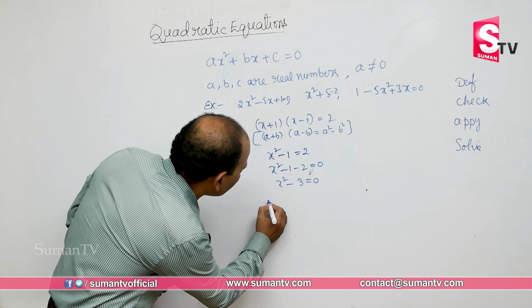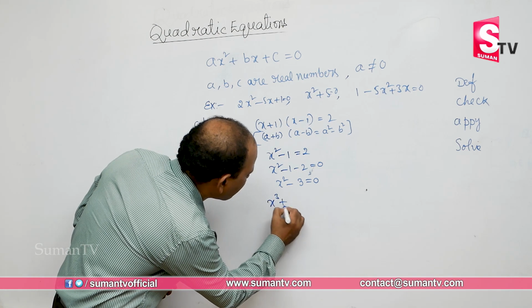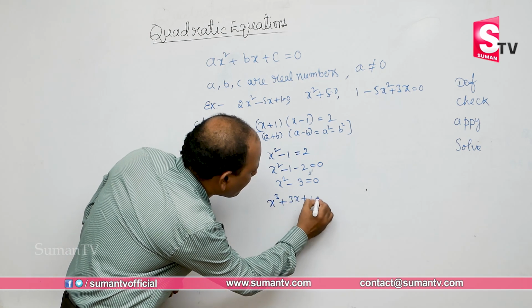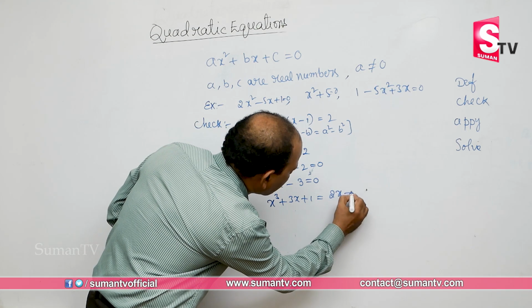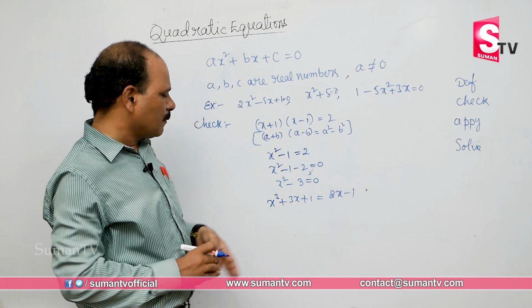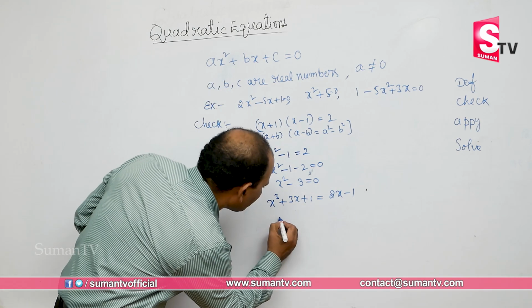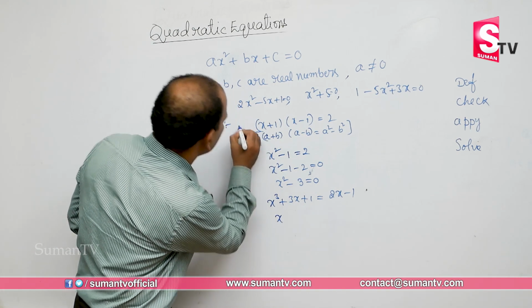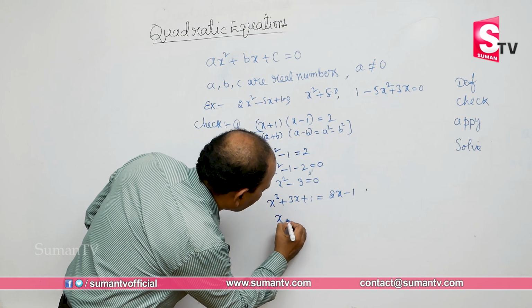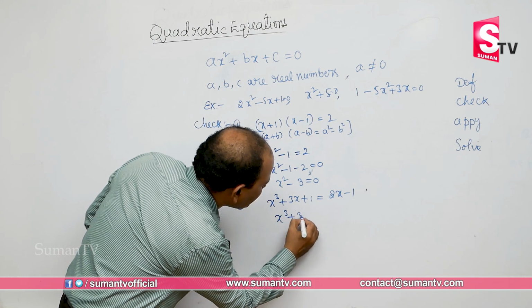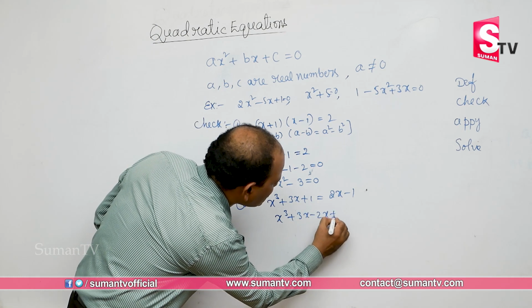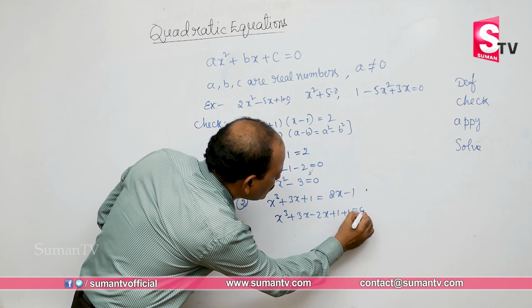One more example: x cube plus 3x plus 1 is equal to 2x minus 1. Simplify this one. x cube plus 3x minus 2x plus 1 is equal to 0.